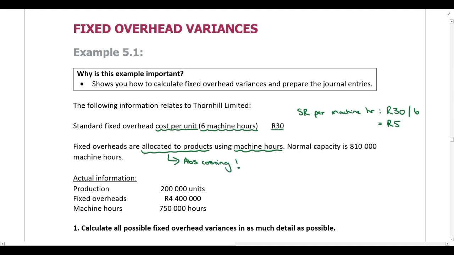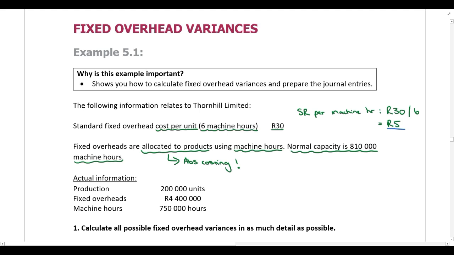So if absorption costing is being used, we'll be able to calculate both an expenditure and a volume variance. You are told that normal capacity is 810,000 machine hours. All right, so make sense of the information that's been provided. You've been given normal capacity, you've also been given the standard rate per machine hour.